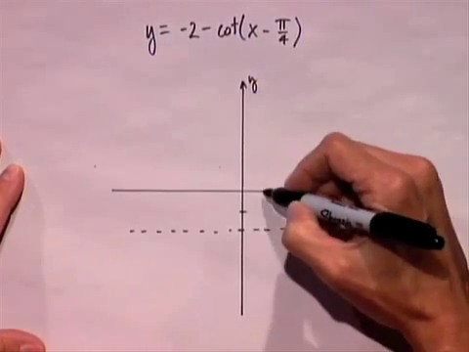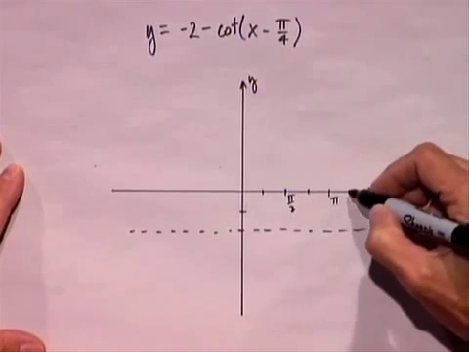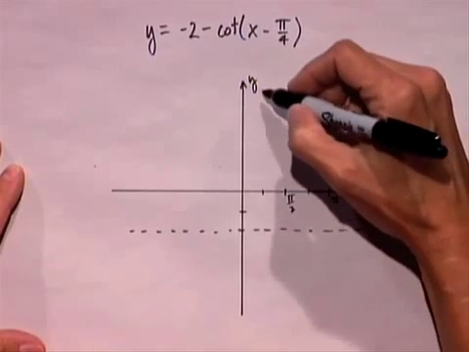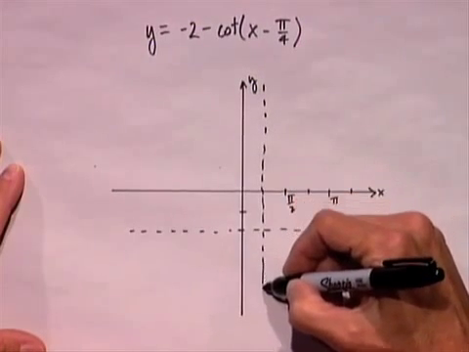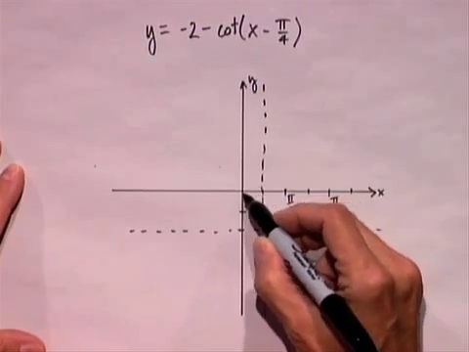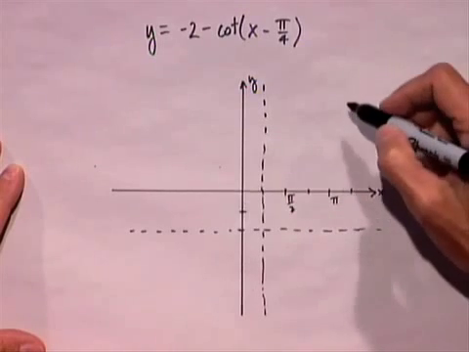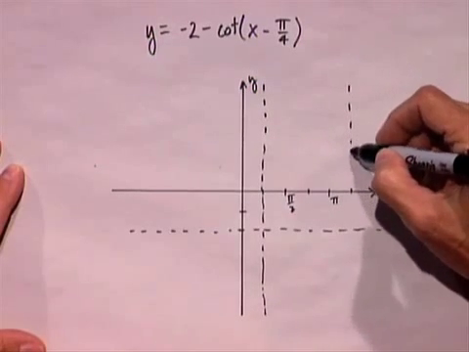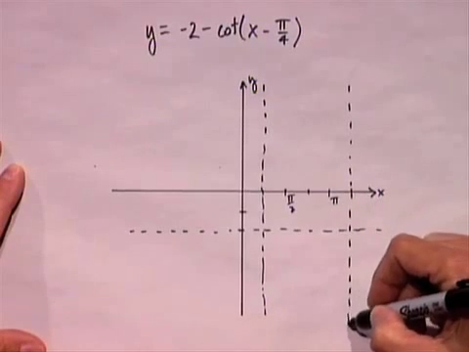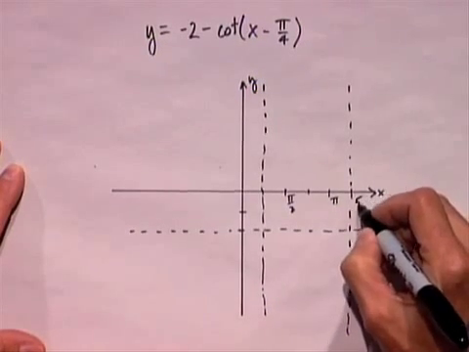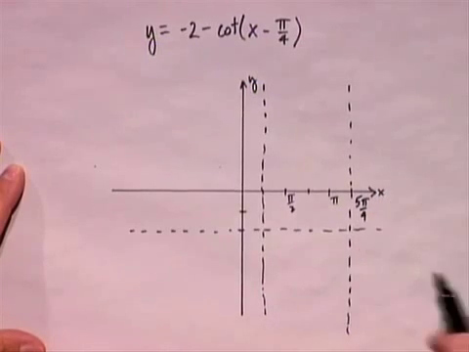Here are some tick marks representing quarters of pi, because a pair of vertical asymptotes for this are going to be at pi over 4, which is pi over 4 units to the right of 0, and at pi plus pi over 4, which is the second vertical asymptote that I'm drawing, and that's at 5 pi over 4.